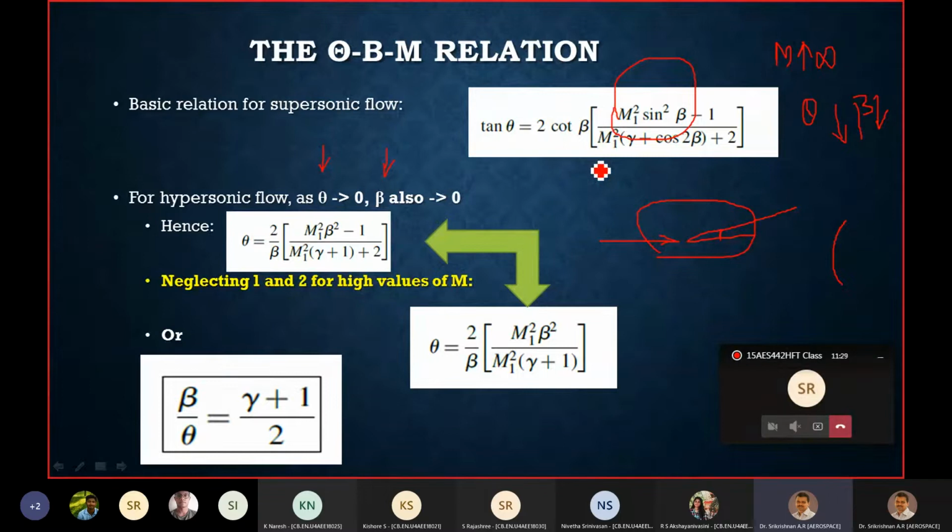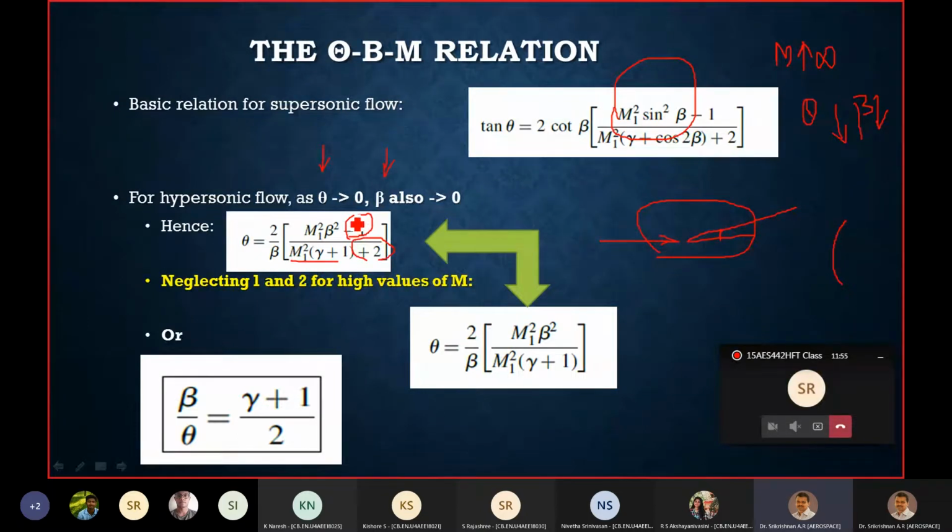That plus 2. Now, if you focus further into this relation, M1 squared beta squared, when we consider that as a high number because of the magnitude of M1, the 1 can be neglected. So the numerator can be taken as M1 squared beta squared. Similarly, in the denominator, 2 can be neglected because M1 squared is a large quantity.